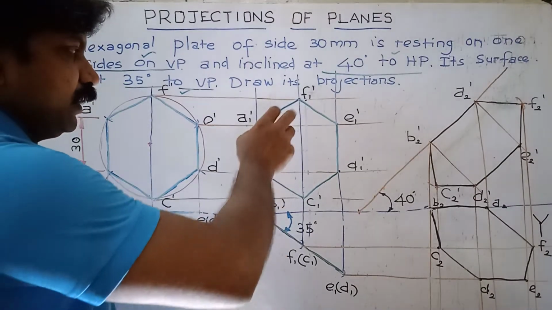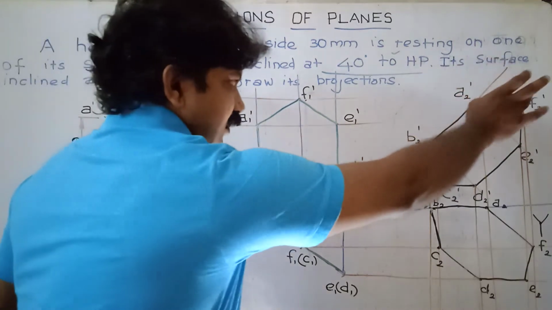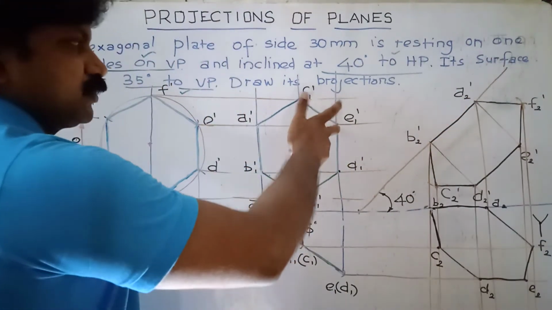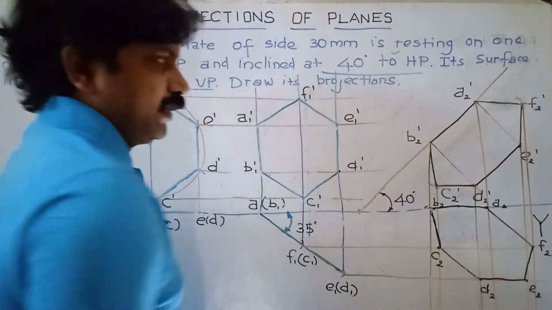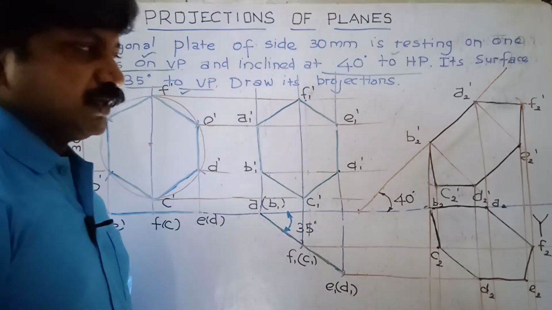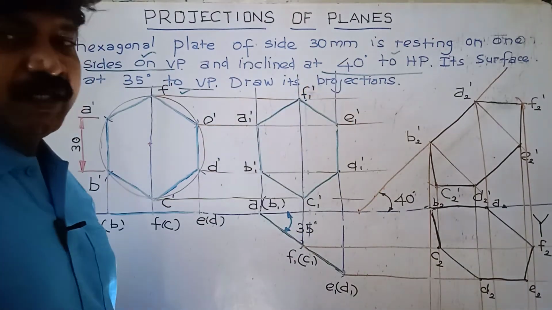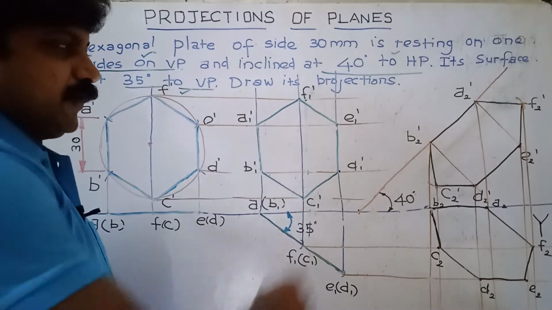And then A1 dash to F1 dash as radius, A2 dash as center, draw the arc; E1 dash to F1 dash distance as radius, E2 dash as center, draw the arc, mark the intersecting point as F2 dash. Similarly, mark the point C2 dash. Now join all the points to get the final front view. So it is our required final front view.